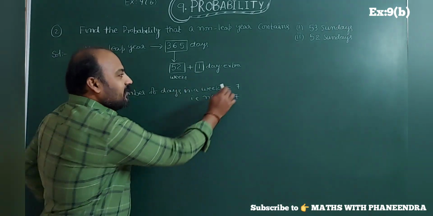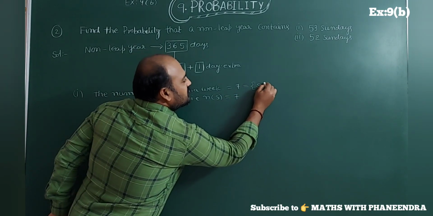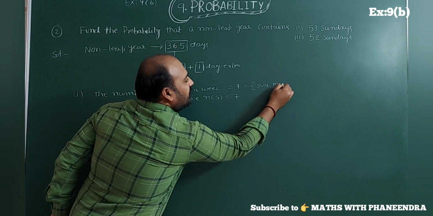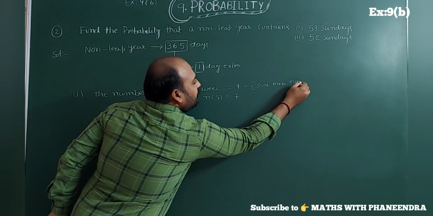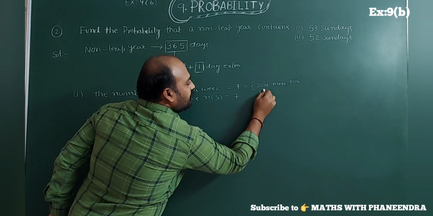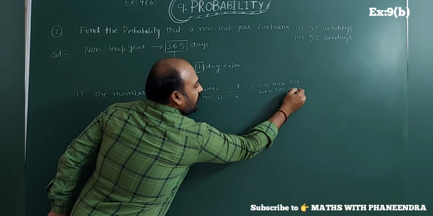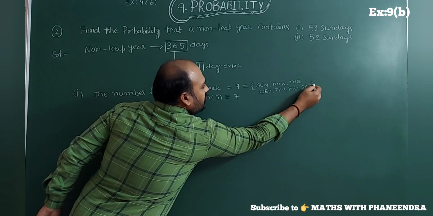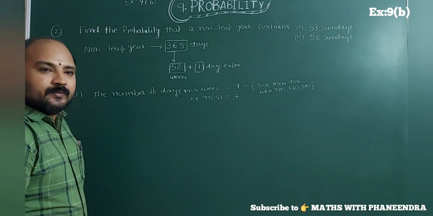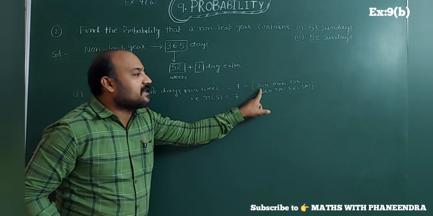What are the 7 possibilities? Sunday, Monday, Tuesday, Wednesday, Thursday, Friday and Saturday. These are the 7 possibilities. Among these, that extra day will be Sunday.